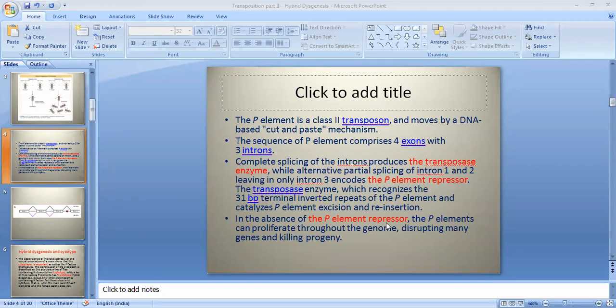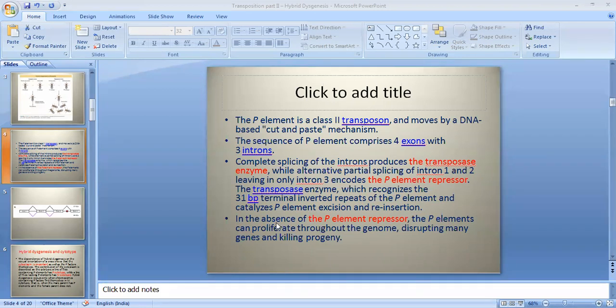In the absence of the P element repressor, the transposase can act. But when the P element repressor is present, it inhibits the function of the transposase, and the transposase cannot recognize or catalyze the P element excision and reinsertion.